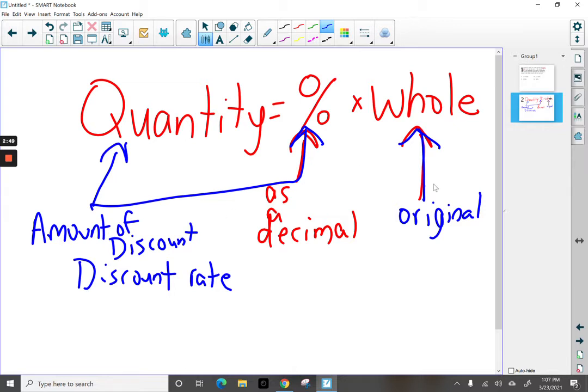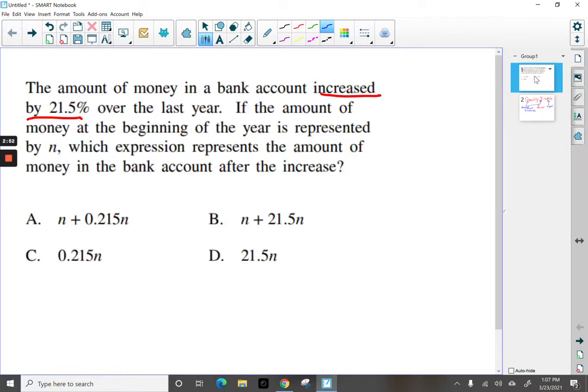So let's quickly go back to our problem and take a look. We are increasing by 21.5%. And we also know N in this problem, which is the amount of money at the beginning of the year.